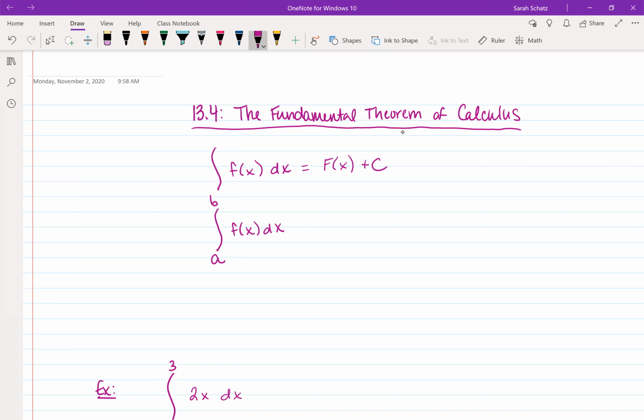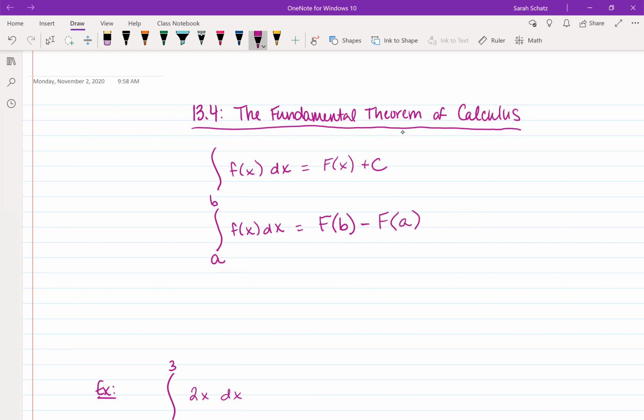A lot of times we just use the word integrate here, but I want to integrate f of x from a to b, and I want to know what my answer would be. So if I actually had limits on this function, what I end up getting is I still get the original function, but those bounds get put in here too. So what it ends up being is that I get the original function evaluated at my top bound at b, and then I subtract the original function evaluated at a.